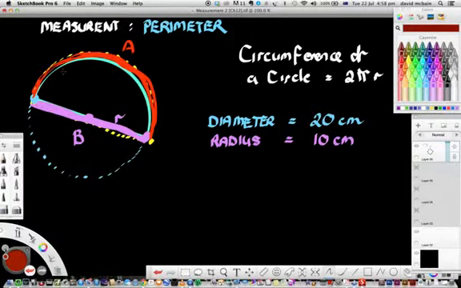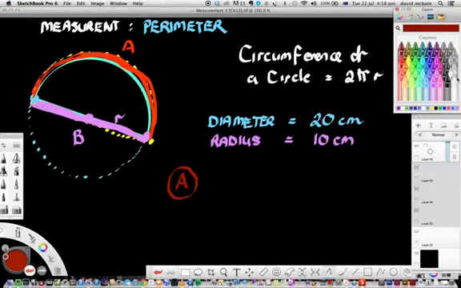To work out distance A, or the perimeter of A, remember we said it's only half of the circle. So if we worked out the circumference of the full circle and divided it by 2, that would give us the distance around half of the circle.